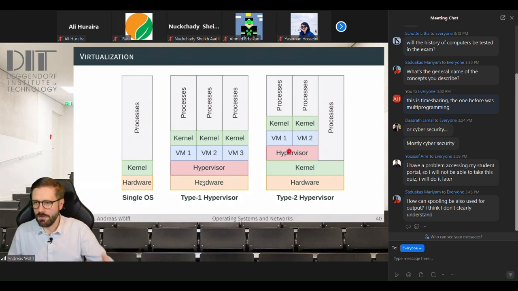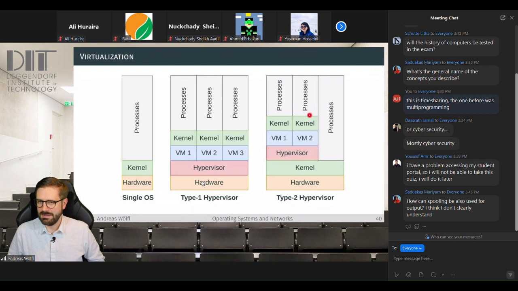And running on that operating system, we have a program, the hypervisor, that can have multiple virtual machines, right? Each virtual machine has its own operating system, and the processes in a virtual machine use the operating system in the virtual machine.